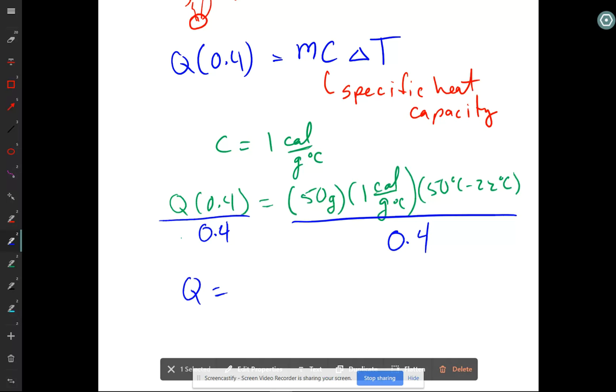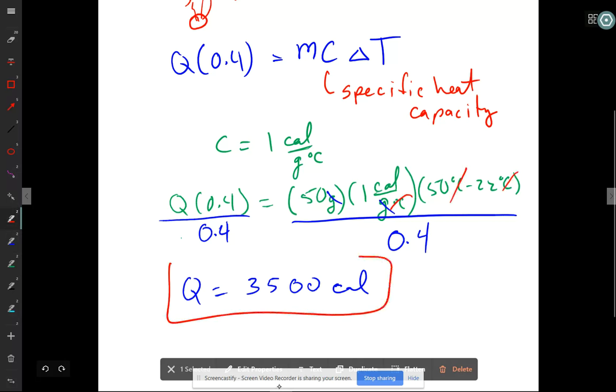And so 28 divided by 0.4 is 70. And so 70 times 50 is 3,500 calories. Notice my units, grams cancel with grams. Degrees Celsius cancel with degrees Celsius. That was fun. That's only part A.